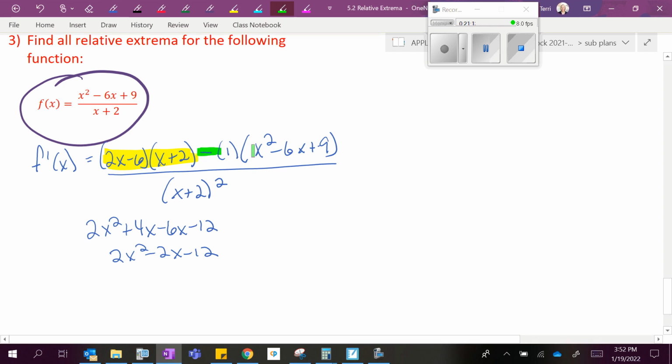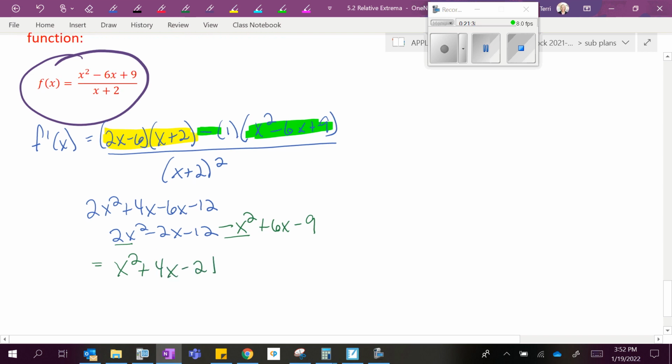And I'm going to distribute this negative for this next part to combine like terms. So I get negative x squared plus 6x minus 9. So my denominator simplified, when I combine like terms here, I get x squared plus 4x minus 21, all over (x plus 2) squared.